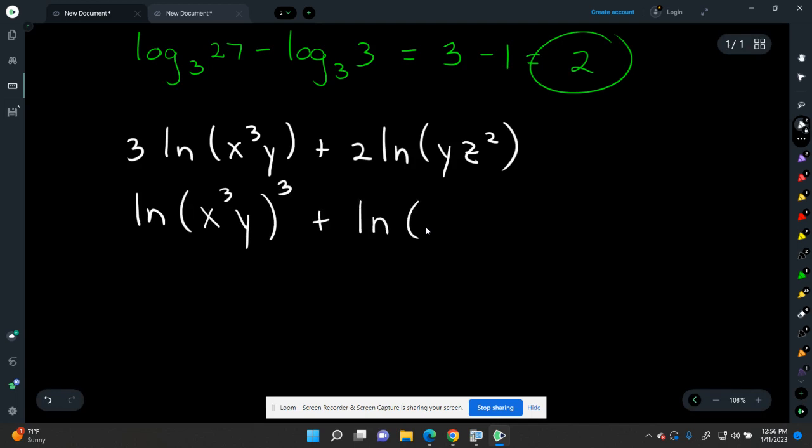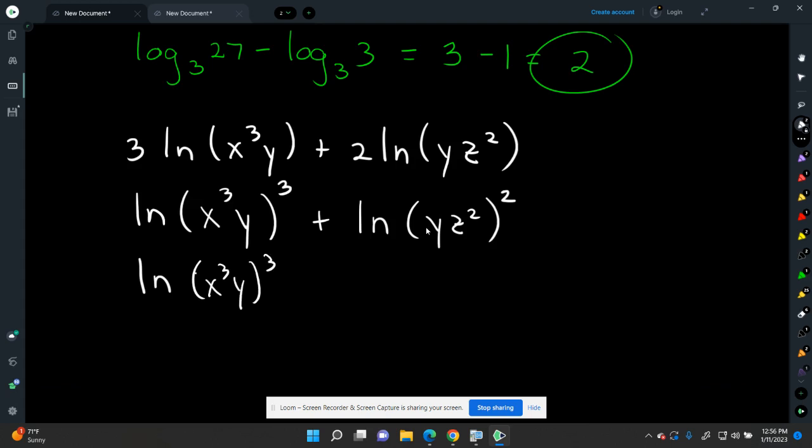Natural log of y z squared 2. Good. Okay. All right. Ariel, what now? Divide them, you get natural log of this is x to the third y all raised to the third divided by... It's addition, you times, right? Yeah.